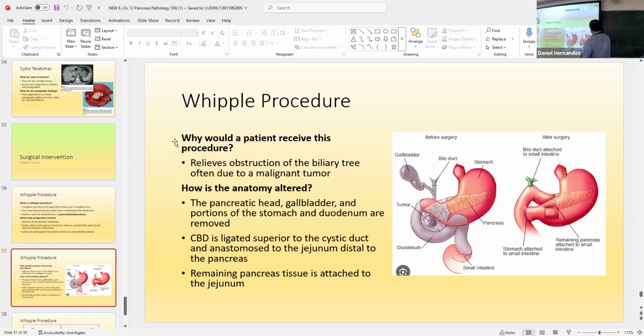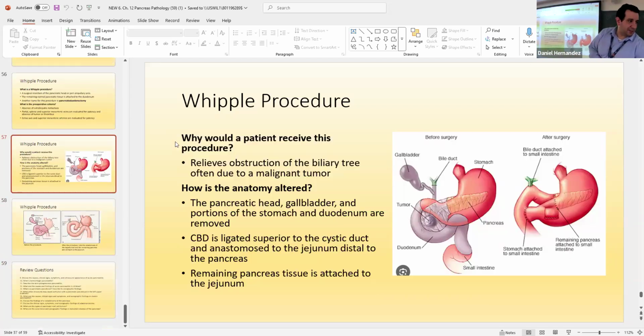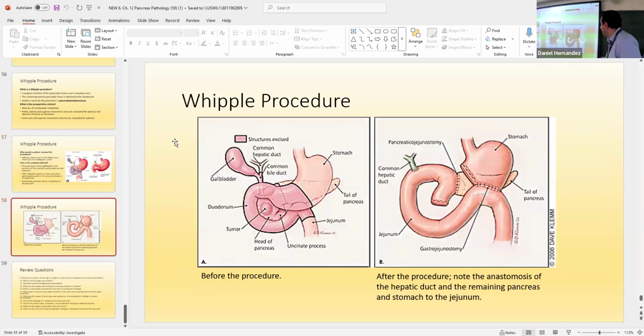The remaining portion of the pancreas is then attached directly into the intestine. So basically we're bypassing, and the stomach itself is connected directly to the intestine. They're basically removing the structures in that area.